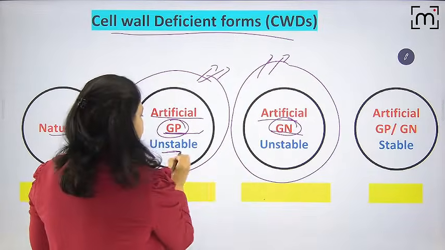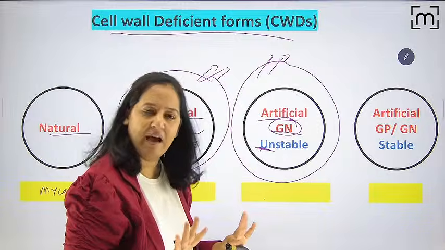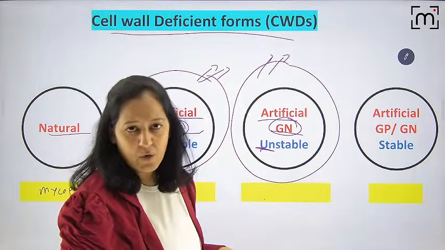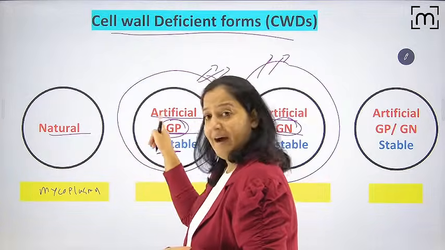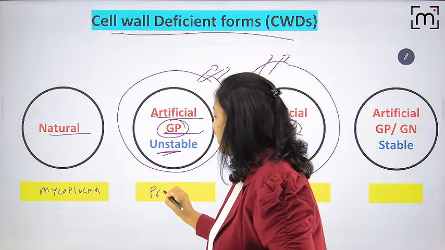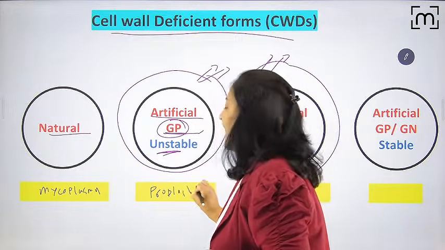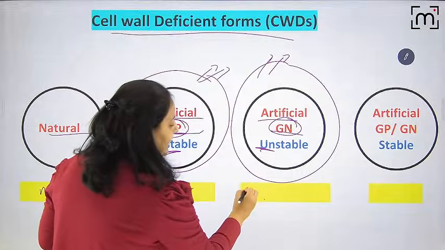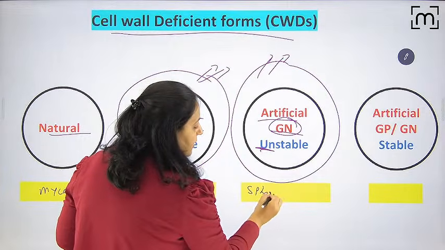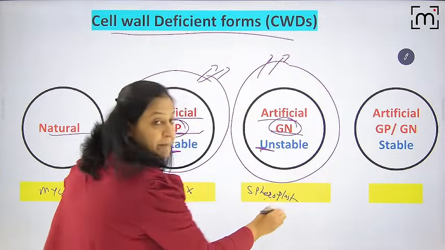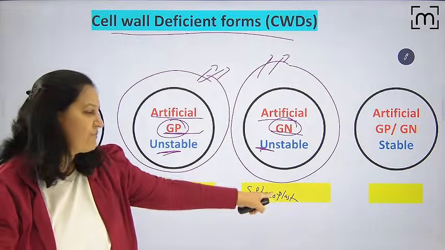They are very unstable. They will burst and die after removing the cell wall. What are they known as? Gram-positive bacteria are known as protoplast, and gram-negative bacteria are known as spheroplast. You get questions on them. So: protoplast, spheroplast.